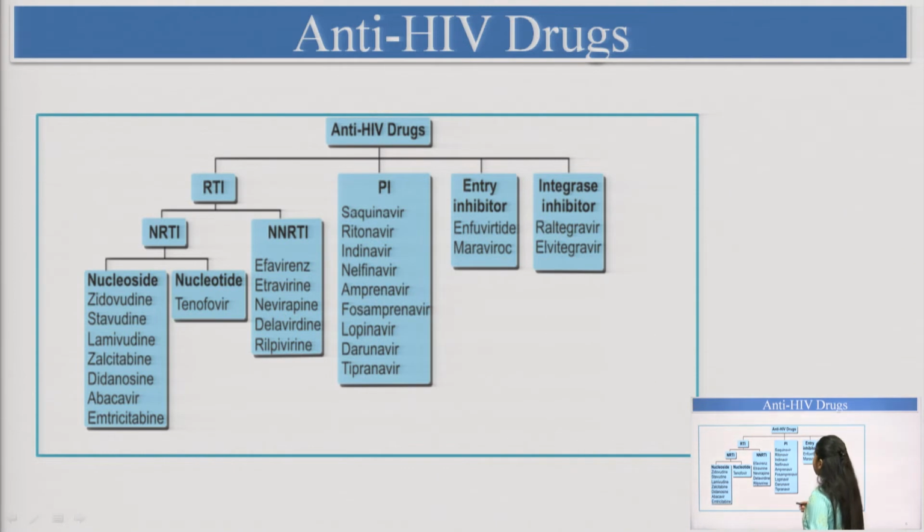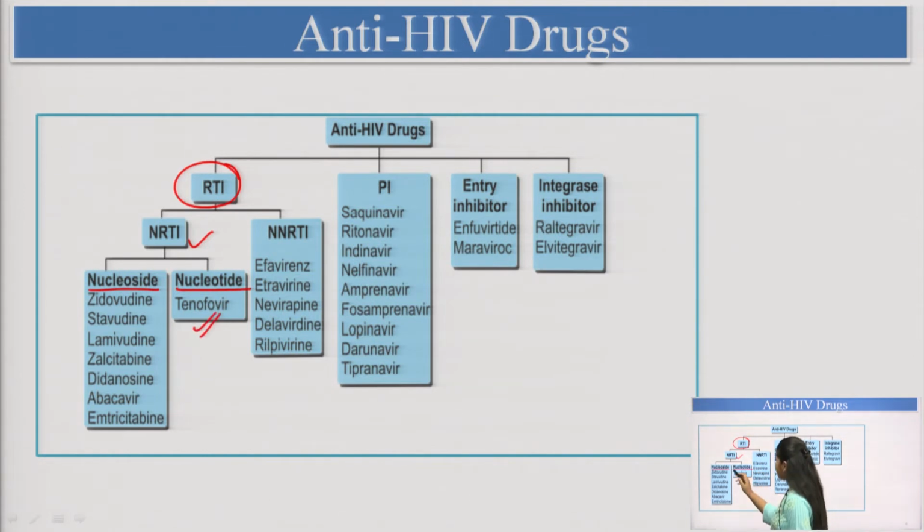So, these are the anti-HIV drugs. Now, RTI, reverse transcriptase inhibitors, are classified on the basis of the action they are performing, competitively or non-competitively. Yes. First is nucleoside reverse transcriptase inhibitor. Under this we have a nucleoside or nucleotide. Okay. In nucleotide we already have the phosphorylated group, whereas a nucleoside needs to be changed by kinase enzymes in a phosphorylation reaction.